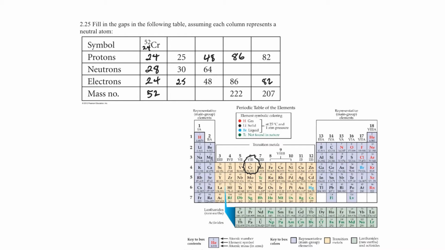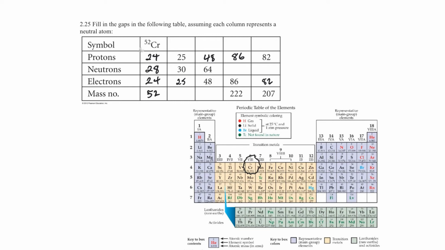All right, so that first column is filled. 24 protons, 24 electrons, 28 neutrons. 24 plus 28 is 52. That's chromium 52. So I can erase this here because it's not necessary.